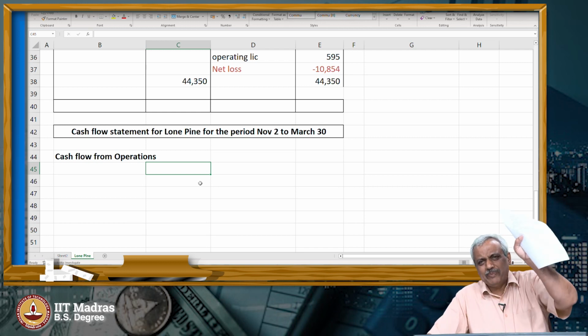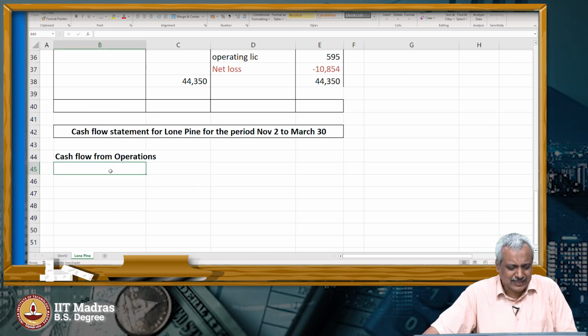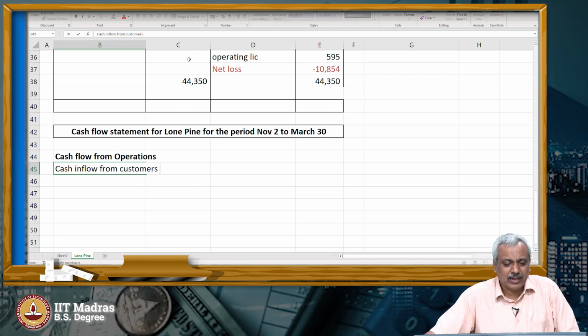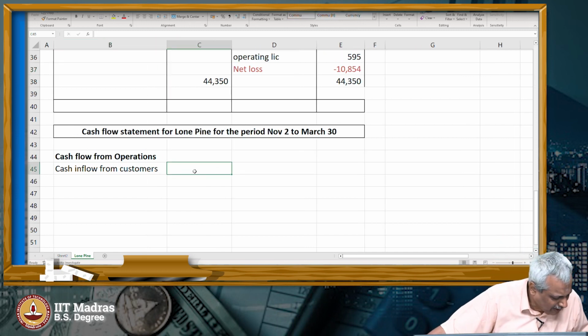Your Lone Pine Cafe B will give you all the data. The Lone Pine Cafe B talks about the money received from customers, that is cash inflow from customers. You have clearly mentioned out here what is the money that you have received.